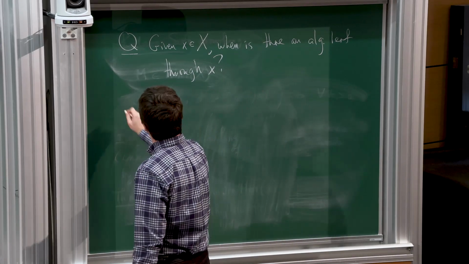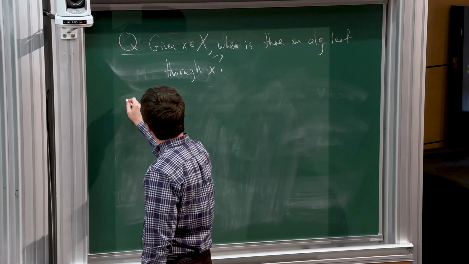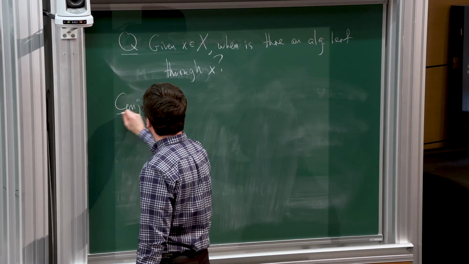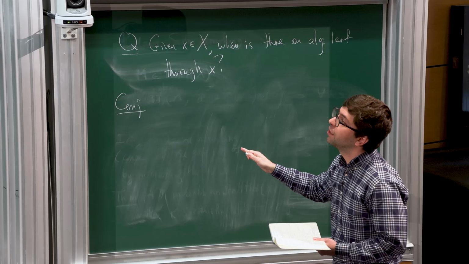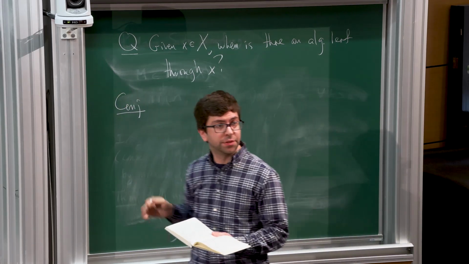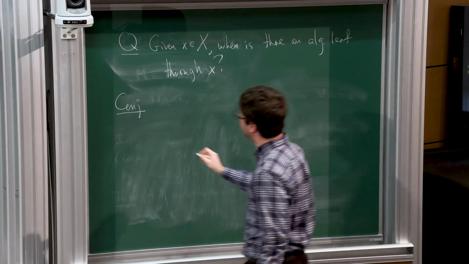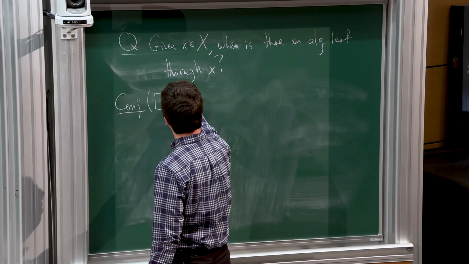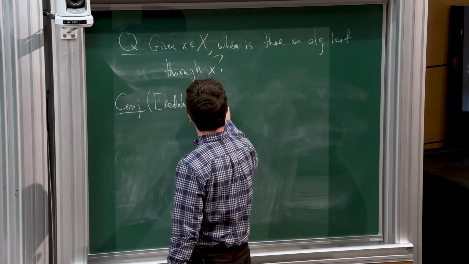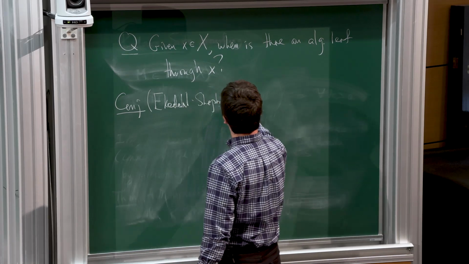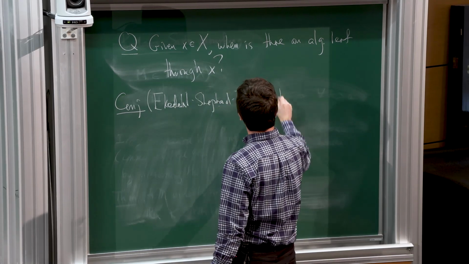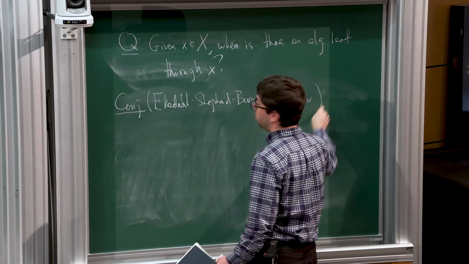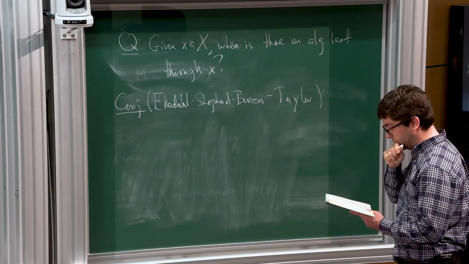Okay. So there is, as far as I know, basically one conjecture on this topic, which is along the lines of the Grothendieck-Katz p-curvature conjecture. And that's a conjecture of Ekedahl, Shepherd-Barron, and Taylor. And what does that conjecture say?